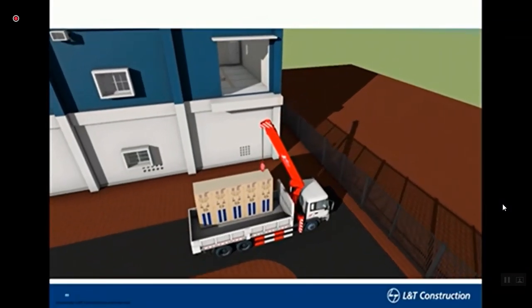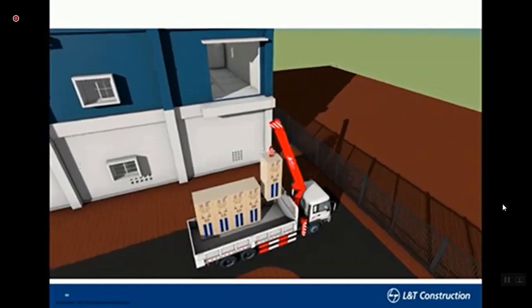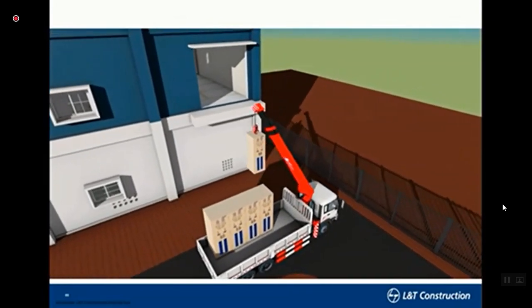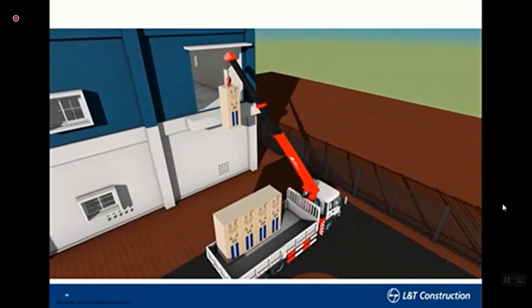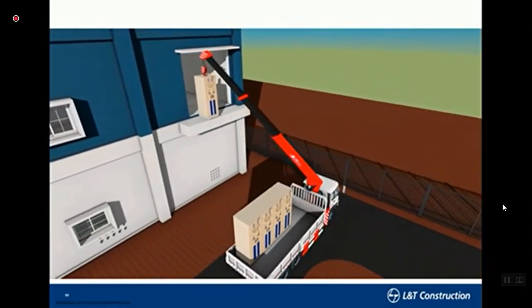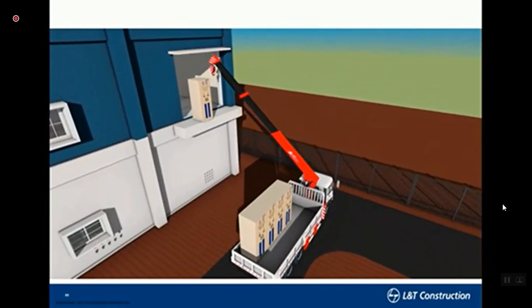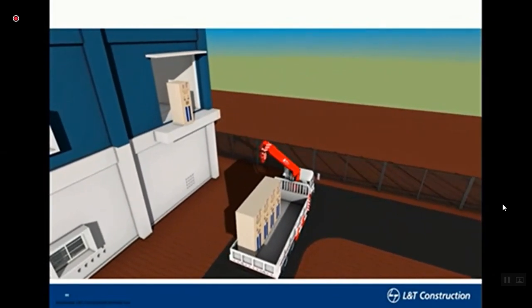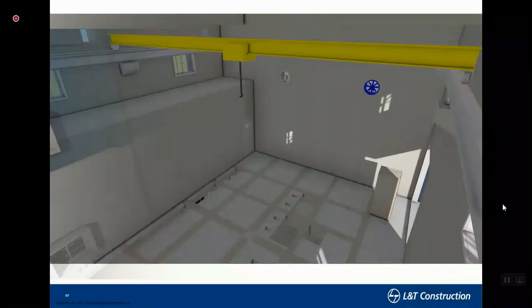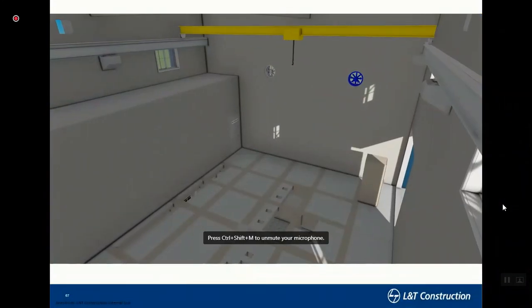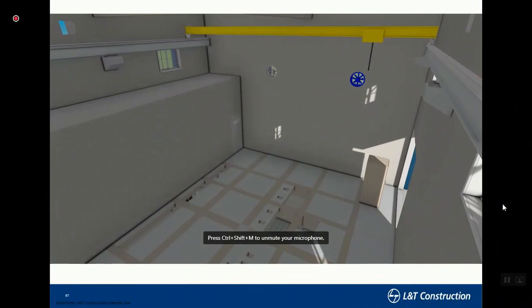For example, it was brought in a vehicle, lifted up and placed on a slab. So this kind of construction analysis or rehearsal you can do well in advance. Here you are seeing this has been planned. If there is any issue, for example, there is no space for this truck to stand here, it is visible and you can plan accordingly. Once placed there, you can see how using the inside monorails or girders, they can be lifted and placed.